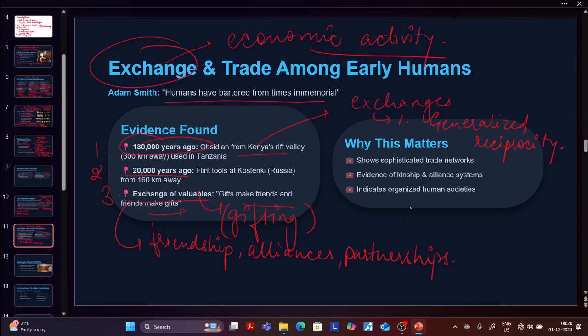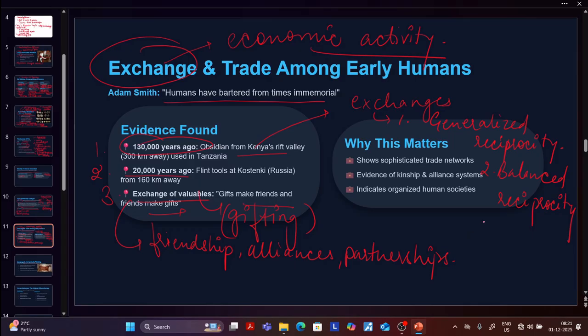You help your neighbor today, you expect help eventually. Second, we have balanced reciprocity. It involves more precise equivalence. You give something worth X, you expect something worth approximately X in return.